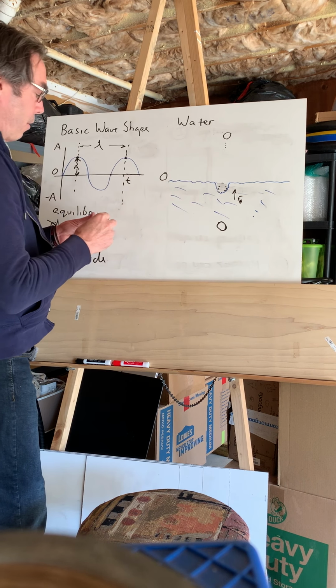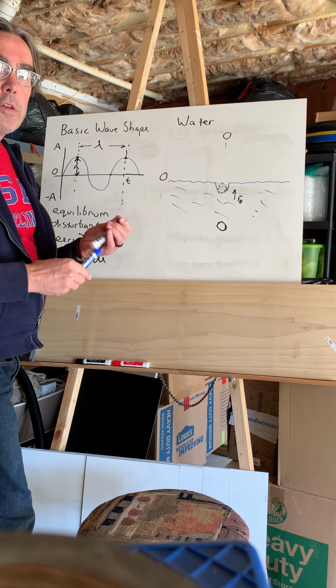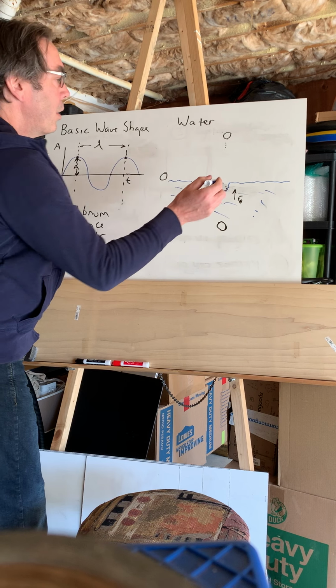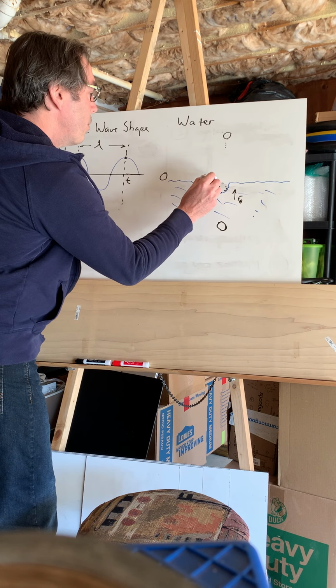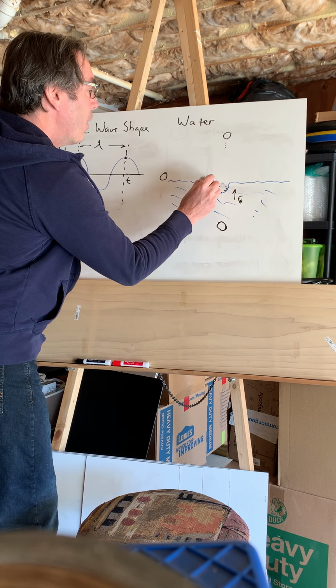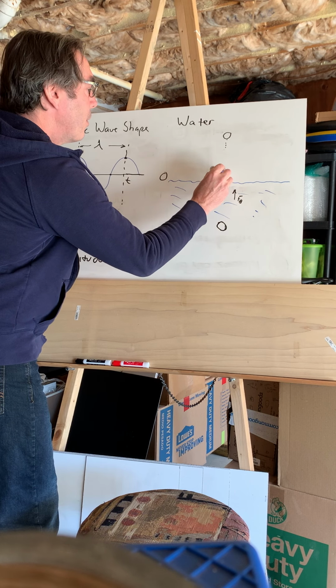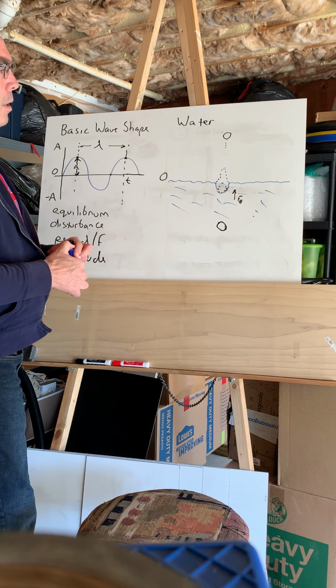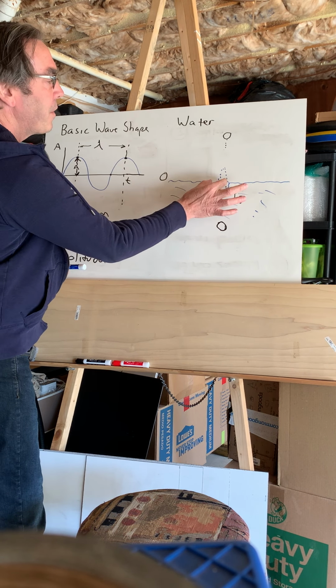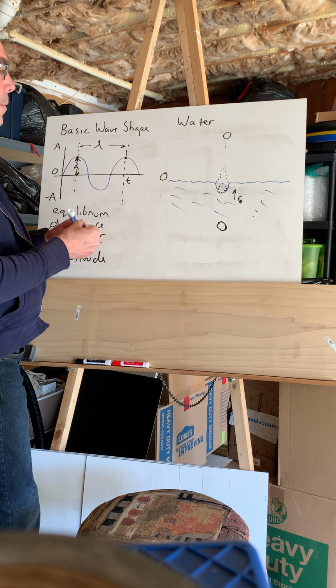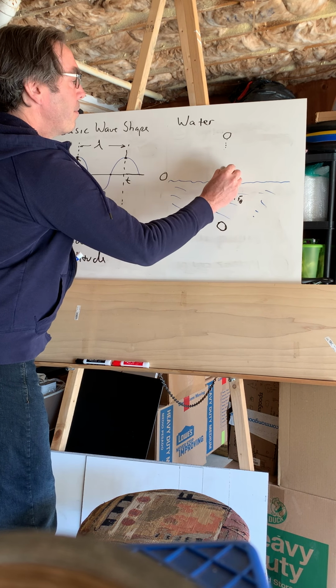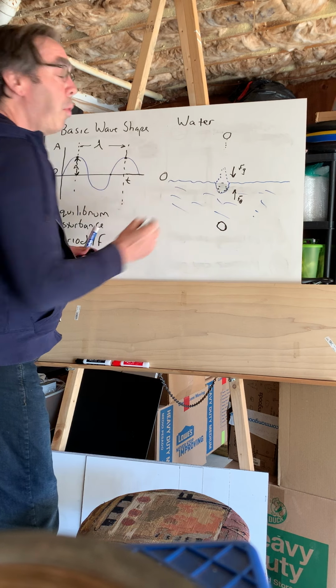Once they get here, though, and this came out really nicely in those slow motion videos, the water is going to overshoot, right? And as soon as that water overshoots equilibrium, comes up here, suddenly there's going to be a gravitational force pulling down.